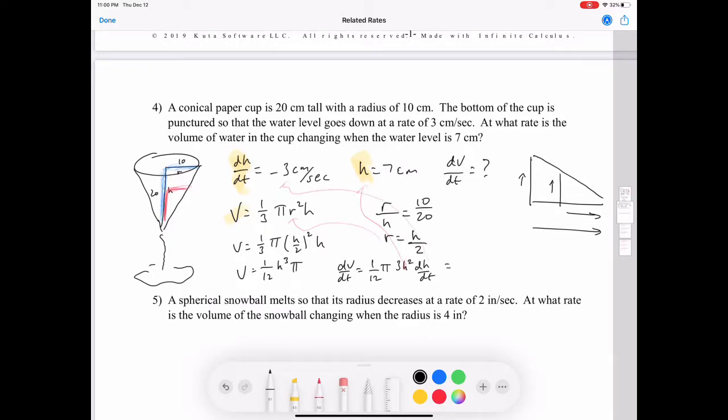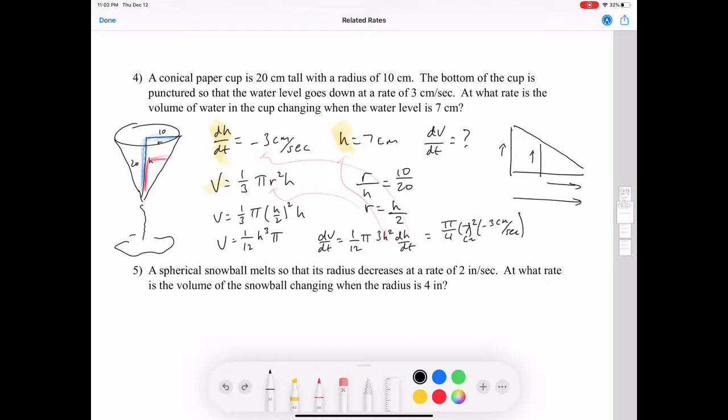So this is equal to pi, 3 pi over 12 is pi over 4, then we have h squared, which is 7 squared, times negative 3 centimeters per second, which gives us the answer.